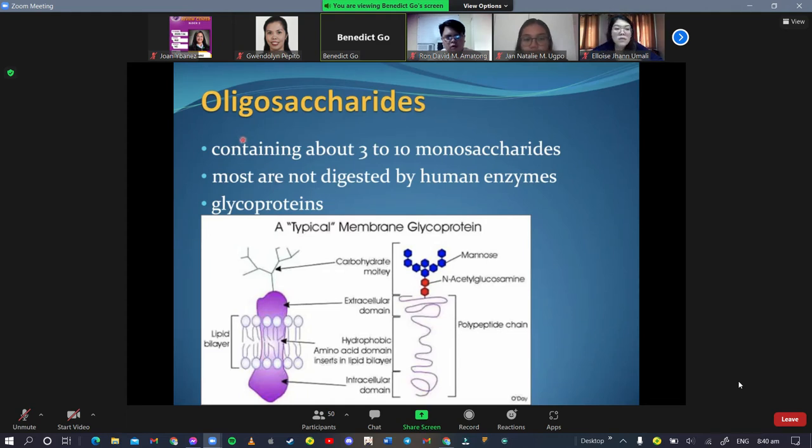Oligosaccharides contain about 3 to 10 monosaccharides, and most are not digested by human enzymes. Examples of compounds containing oligosaccharides are glycoproteins. Here you'll find a protein embedded in the lipid bilayer of the cellular membrane. You have an internal or intracellular domain, and then an extracellular outer domain.